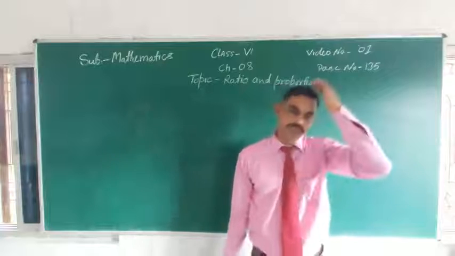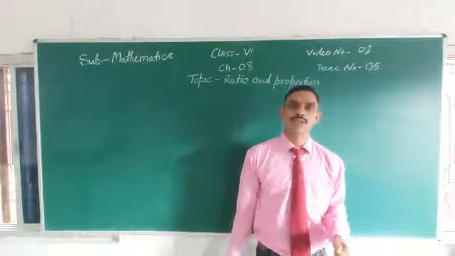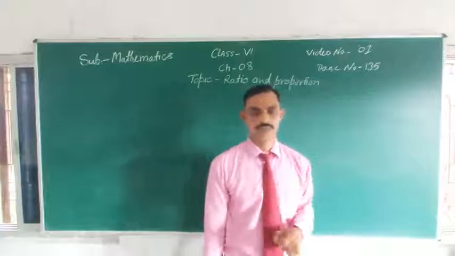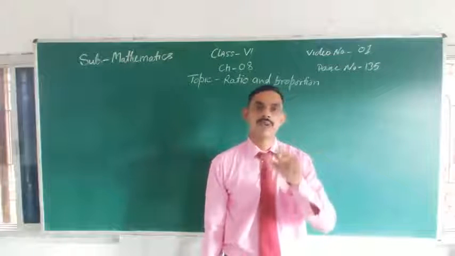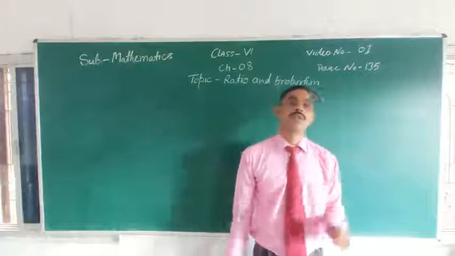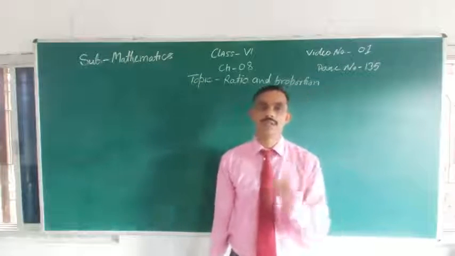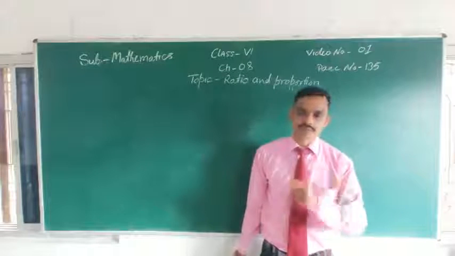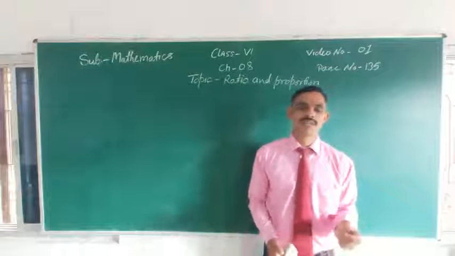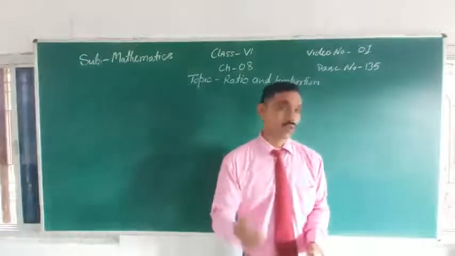I repeat, if the terms of a ratio are fractions, we multiply each term by the LCM of their denominators. In the case they are fractions, look how.